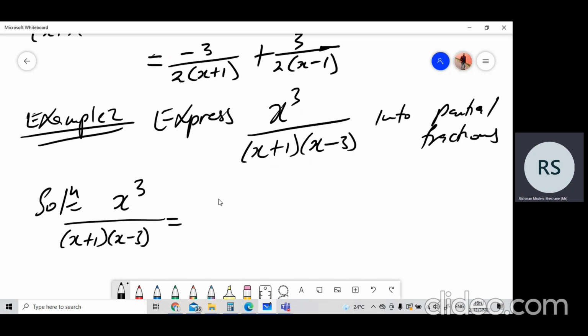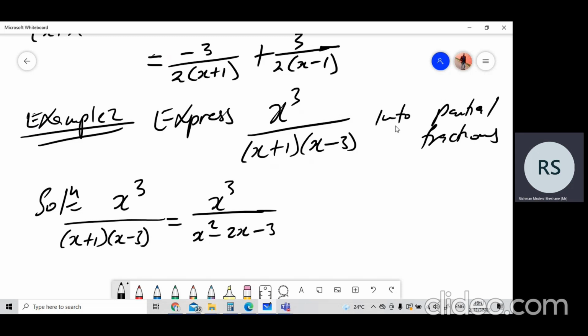But if you're going to use the long division, you don't need brackets, so you may need to clear the brackets out here. This will be x squared minus 2x minus 3. Okay, so we divide x to the power of 3 by x squared minus 2x minus 3.